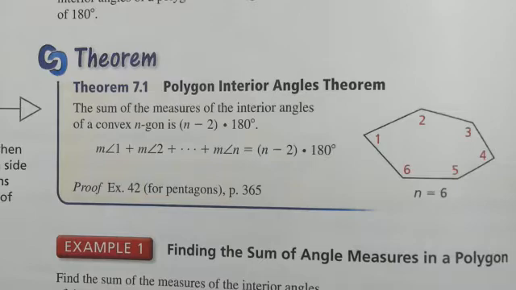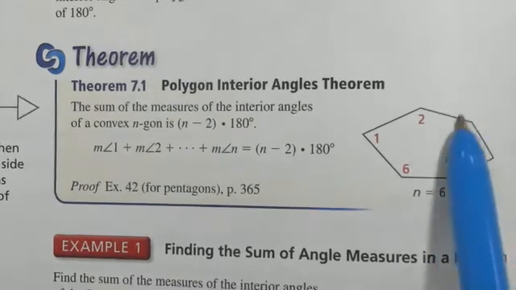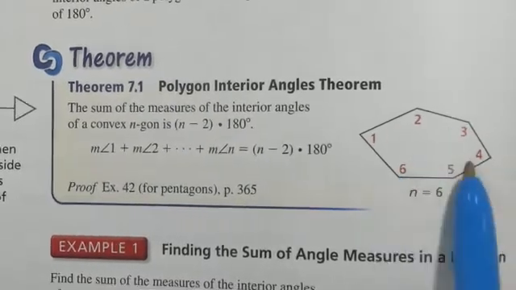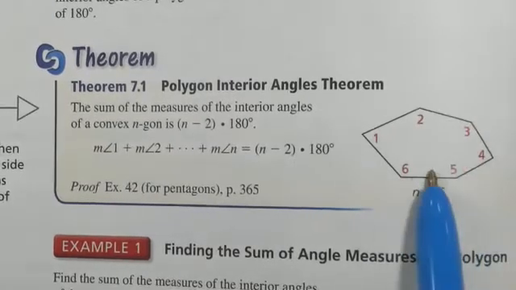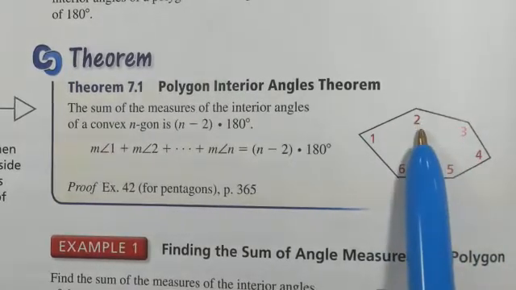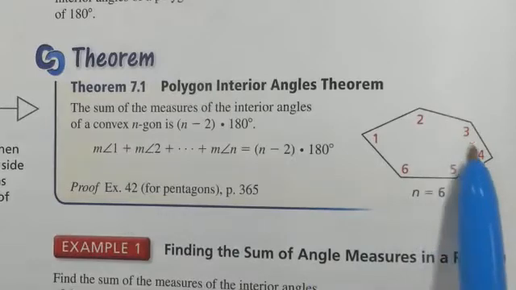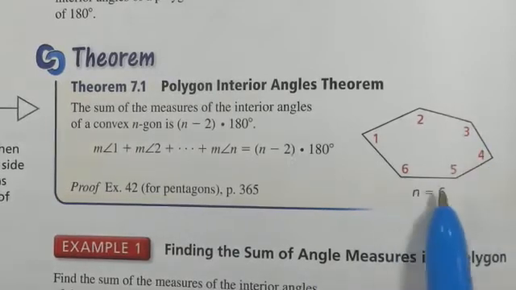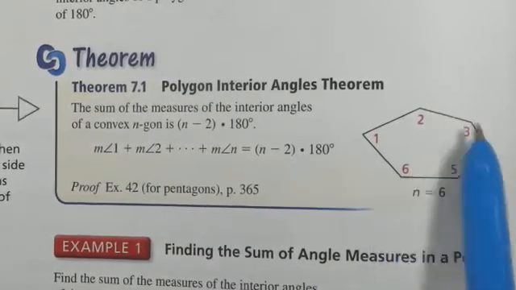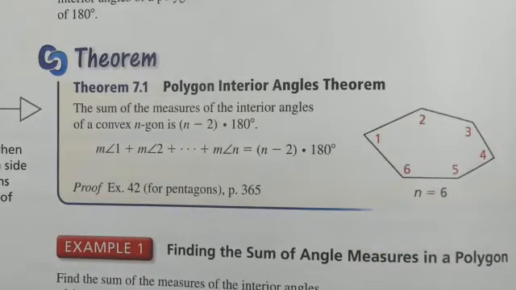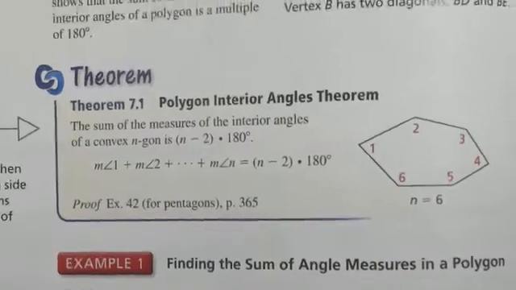So the measure of all of these here is 720 degrees. So if we knew them, like if angle 2 was 135 and angle 1 was 70, and then the rest of these were some variant of x, we could figure out what x is and figure out all of the different measures of the angles. So that's what we are working towards.